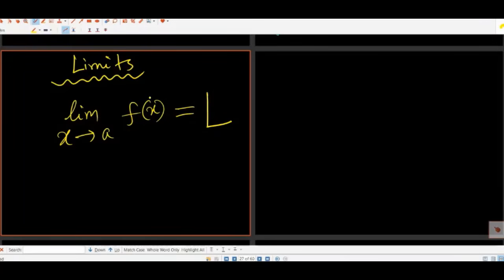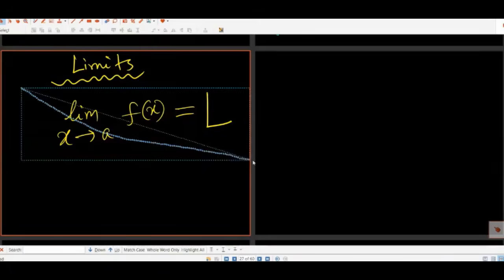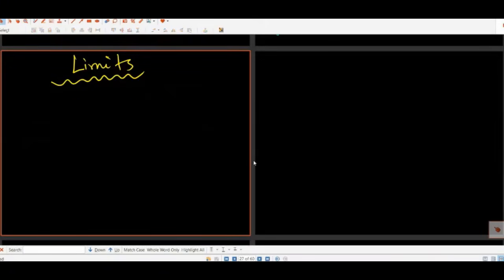So this is the notation for limits. But we have to know why limit is important. So the first point is the importance of limit.